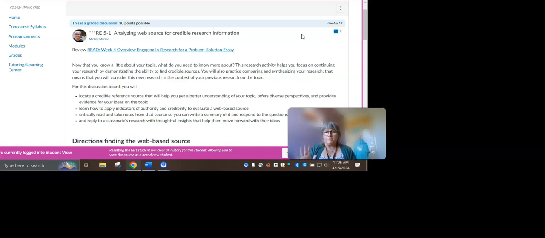And the other 2 you'll be able to find on your own once you have this background information for finding credible sources. Of the 4 resources, 1 has to be a peer-reviewed journal article. You're going to be working on those later this week. We have an assignment specifically to guide you on how to find a peer-reviewed research article in the library database, and we walk you right through that.